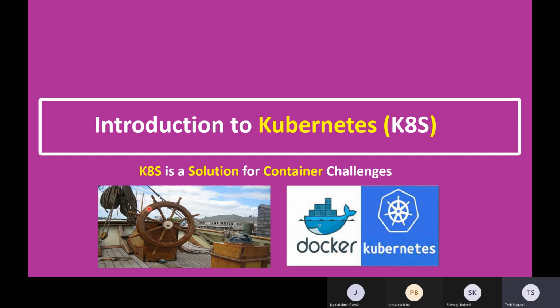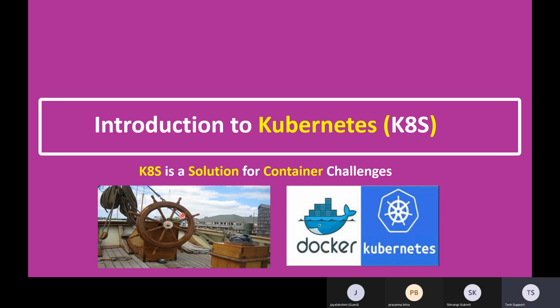For our easy understanding, I captured one diagram from Google. This is a normal ship. In a ship, if you want to drive it, this is the steering icon. The same steering icon is used for Kubernetes, because the Docker icon looks like a ship icon. To drive this ship, we require Kubernetes.